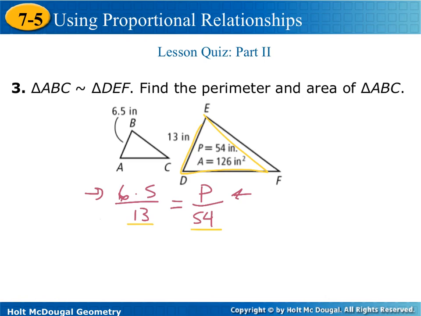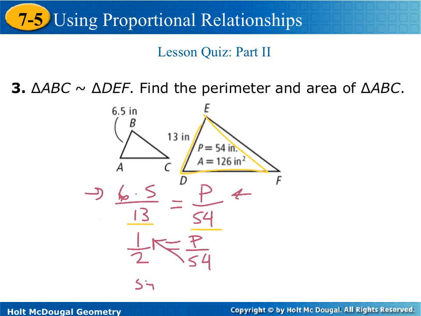Now can we simplify 6.5 over 13? 1 over 2. So 1 over 2 is equal to P over 54. Sandeep, what do we do from here? Cross multiply.